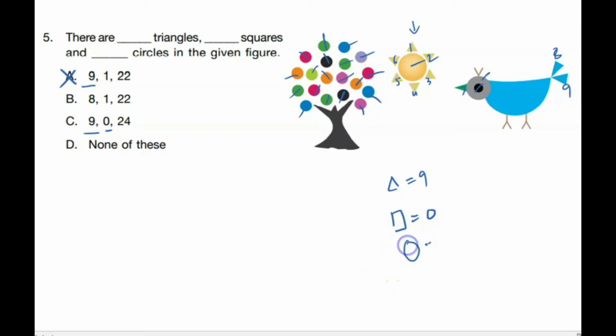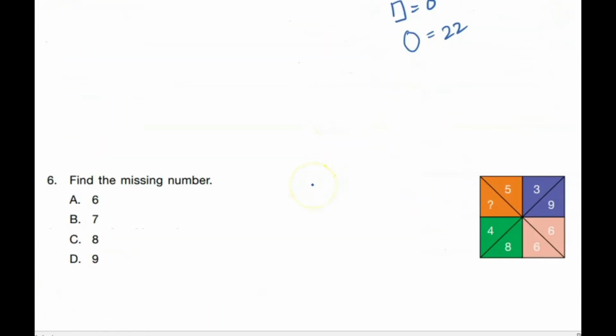We have 22 circles, but it is showing 24 circles. This means none of these, option D is the correct answer for question number 5. Next question, question number 6.